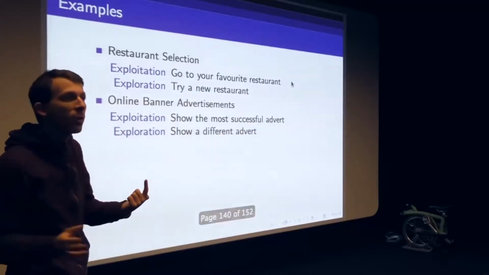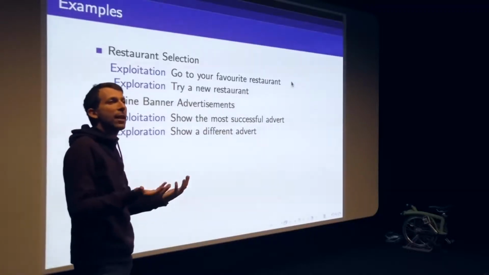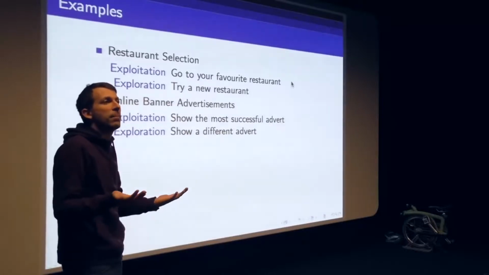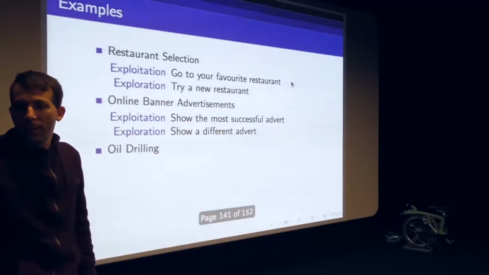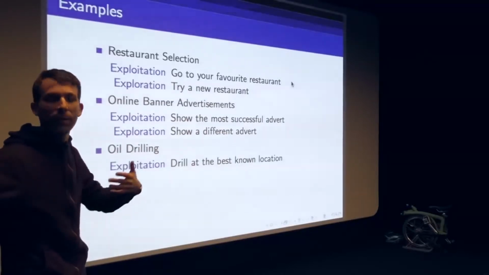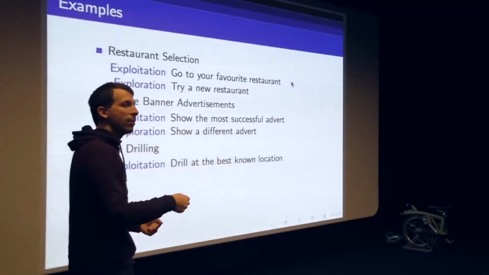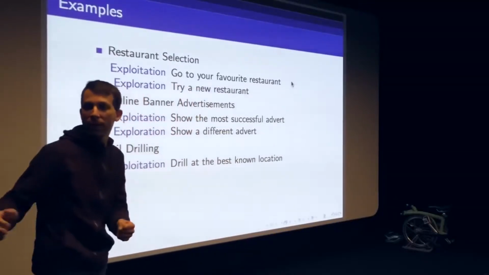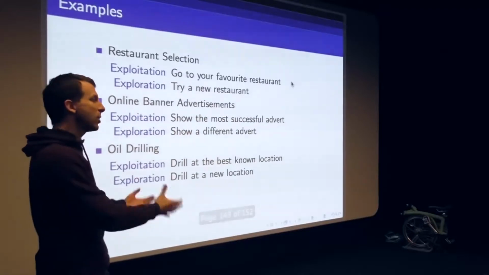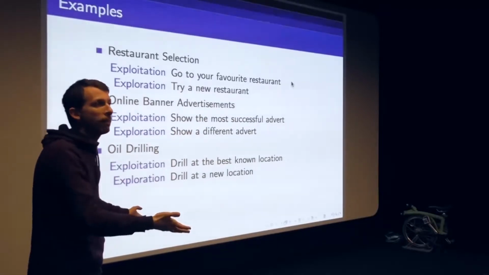But sometimes you also need to explore and show some different adverts that haven't been displayed before to see if people will click on them. And maybe those adverts will turn out to be better, make more income. Or oil drilling: you might want to drill at the best known location, so you know there's likely to be oil over here, so maybe you just keep drilling and drilling. But sometimes it might be a good idea to try some new location, drill down a bit, see if there's oil there.